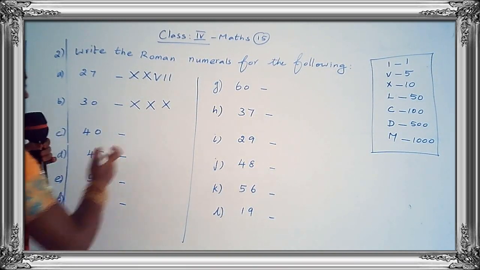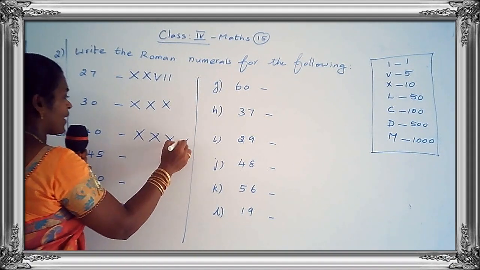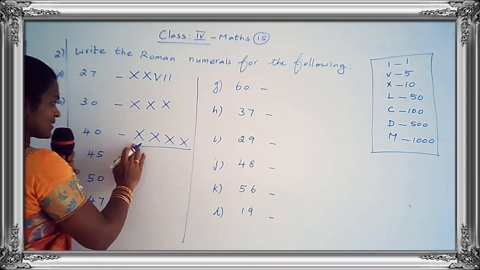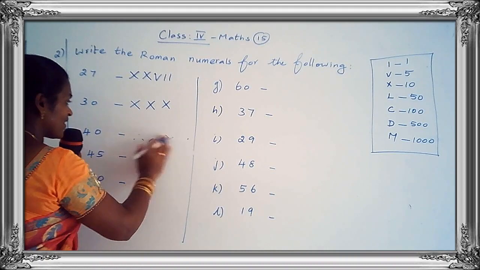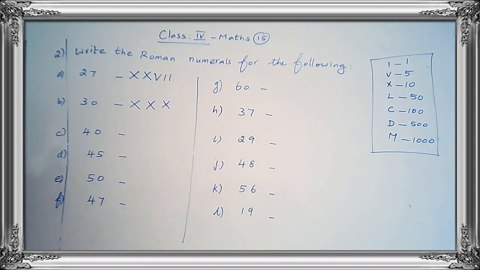Similarly, can we write 40 as XXXX? Never. Why? The first rule of writing numerals is that the symbols I, X, C are repeated only 3 times.